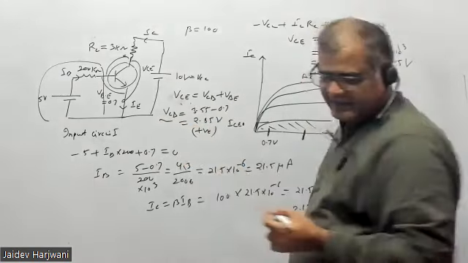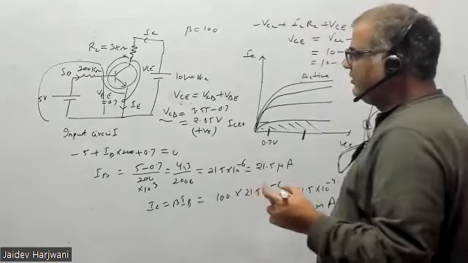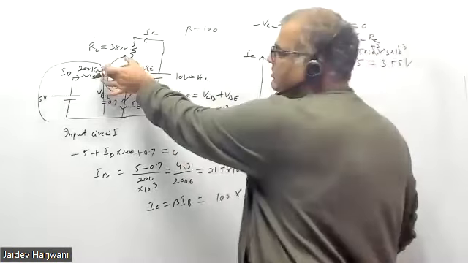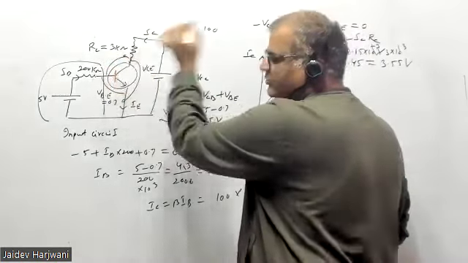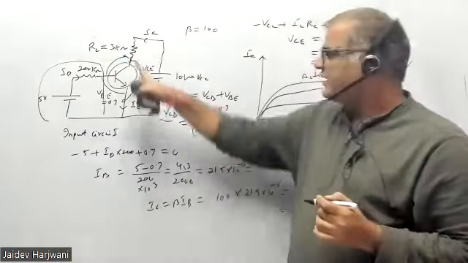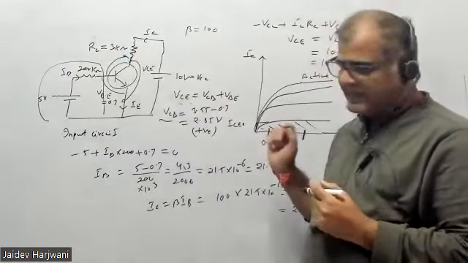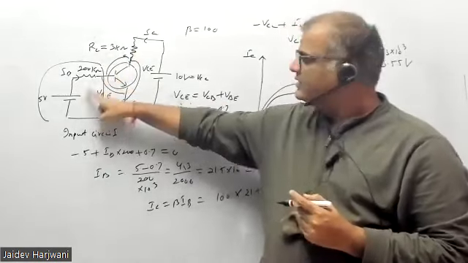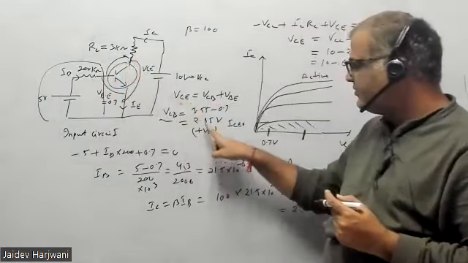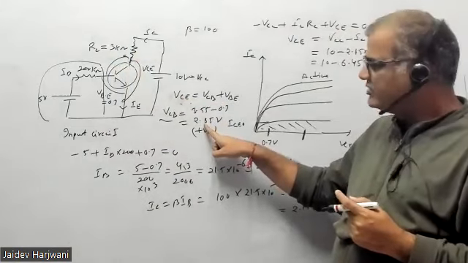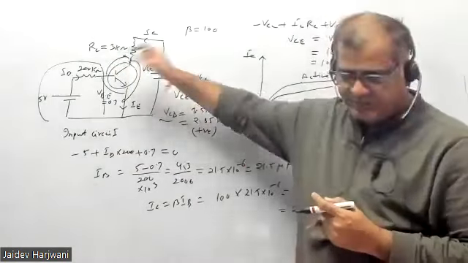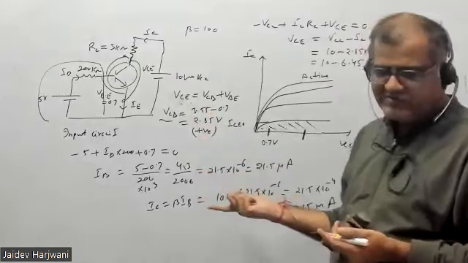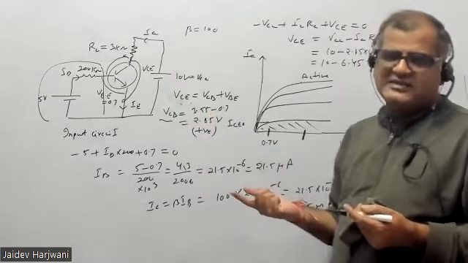And for an NPN transistor, this VCB should be positive. This N should be connected to plus, and if N is connected to plus, that means that is the reverse bias. This is already forward bias, and P is connected to plus, N is connected to plus. This base is positive. So this itself shows that your biasing is perfect.